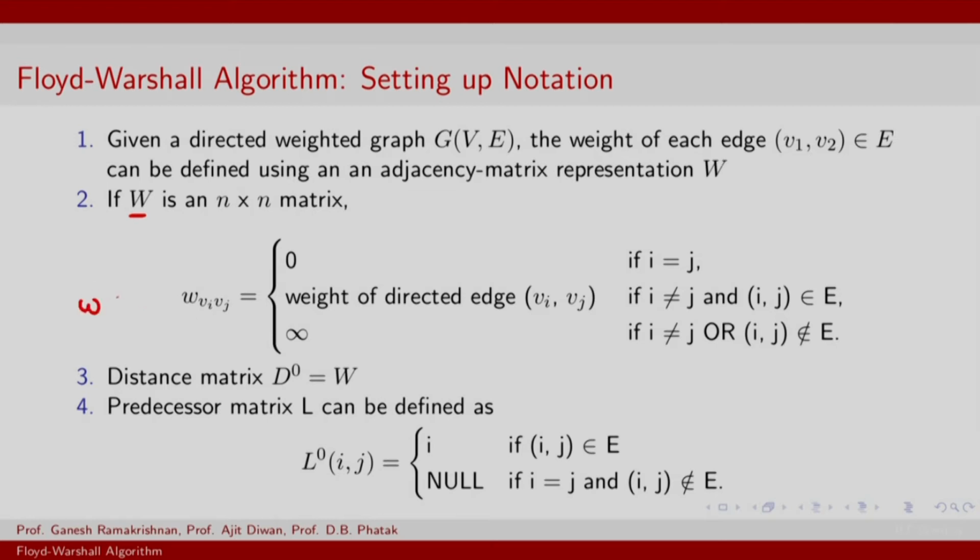So W between I and J is the weight of the edge V I to V J. It is set to 0 if I equal to J. If I J is an edge, then W V I V J is nothing but the actual edge weight, and it is set to infinity if there is no direct edge between I and J.